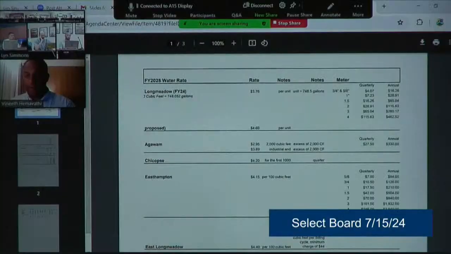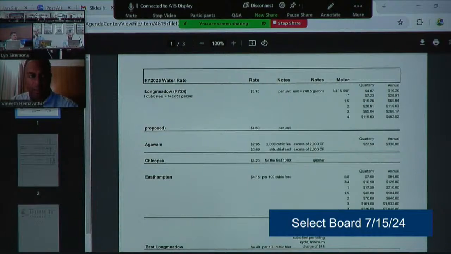Okay. So now we do have to set the rate still. And anyone have anything that they want to say about that or make a motion? So the question is, do we need to set the rate? And I only say that, not that I'm trying to pass this off. Believe me, we've talked about it for an hour and a half already. But Dan pointed out that we've got a water study coming.